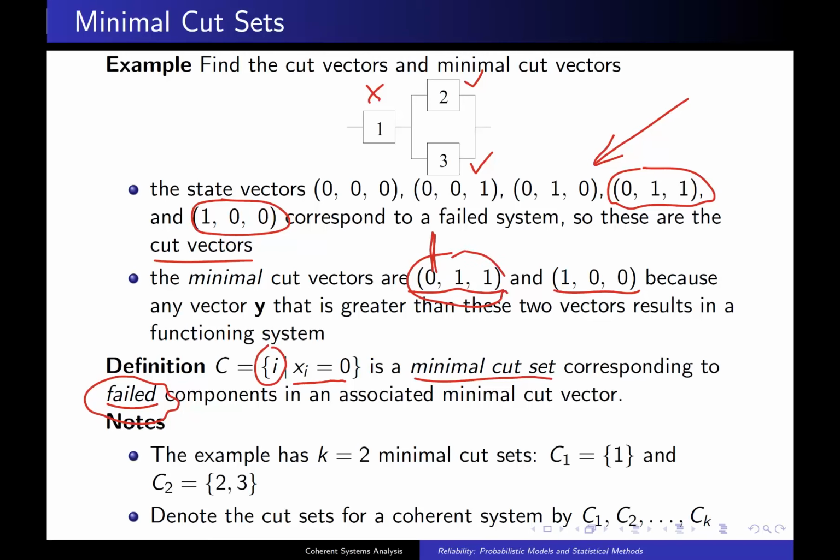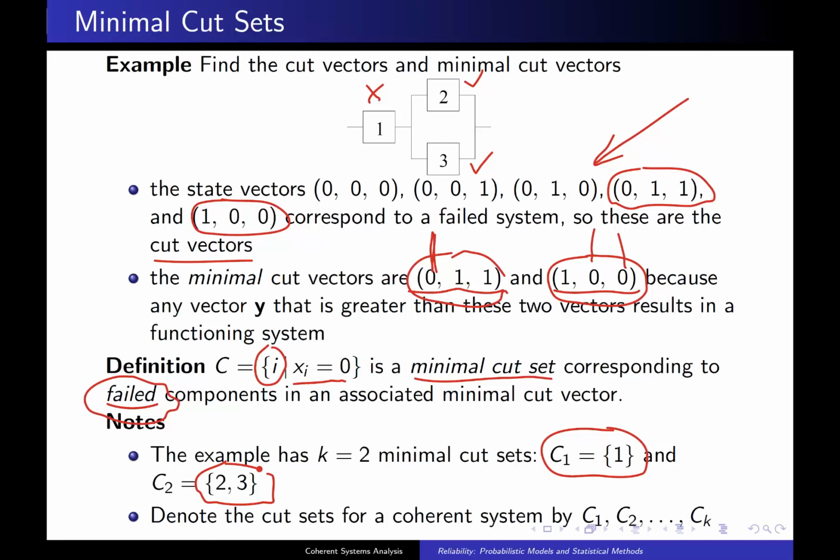The failed component is in position 1, so component 1 alone is the first minimal cut set. And then for this minimal cut vector, the 2 failed components show up in positions 2 and 3, so those indices, 2 and 3, are your second cut set.